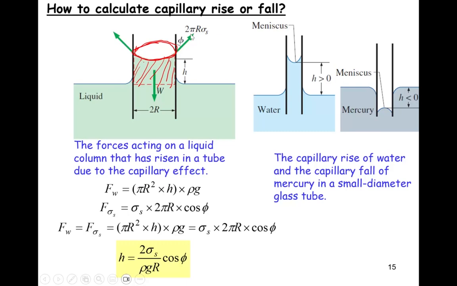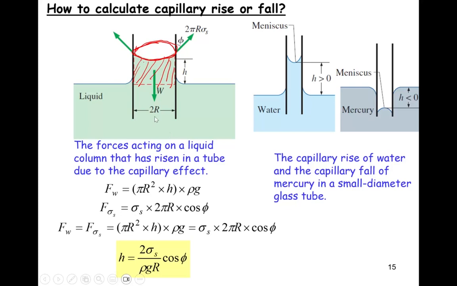In that case, the force due to surface tension would be 2 pi r, which is the perimeter of this tube, times the surface tension coefficient, times cos phi. Why cos phi? Because the force acts in this direction, but we need to balance it with the normal forces. What is the weight force?